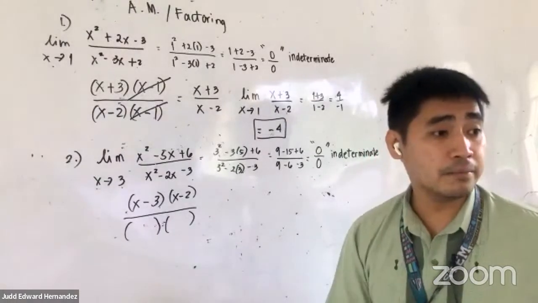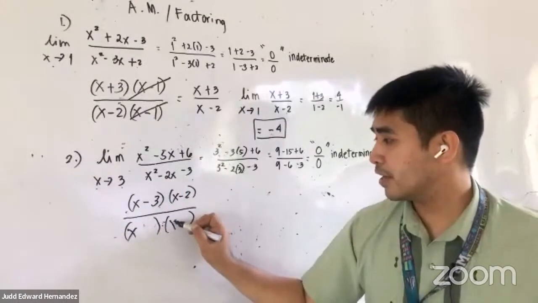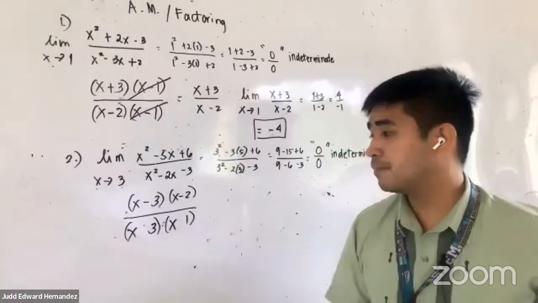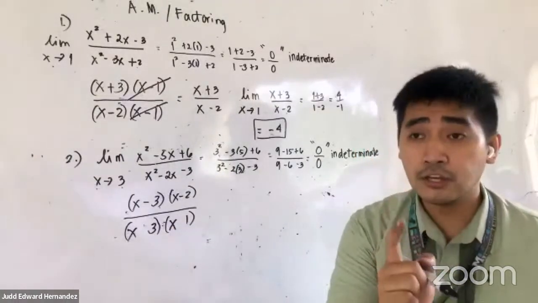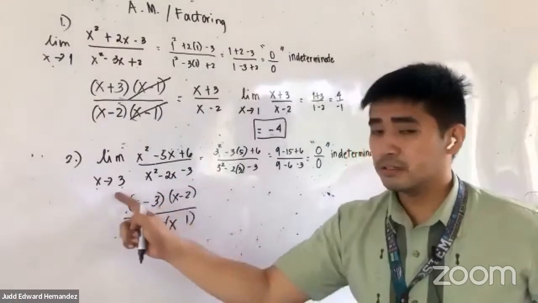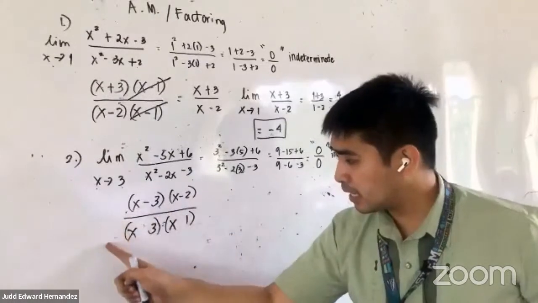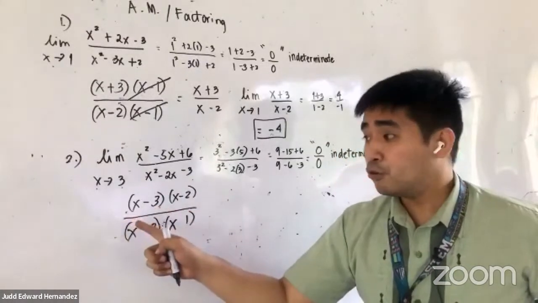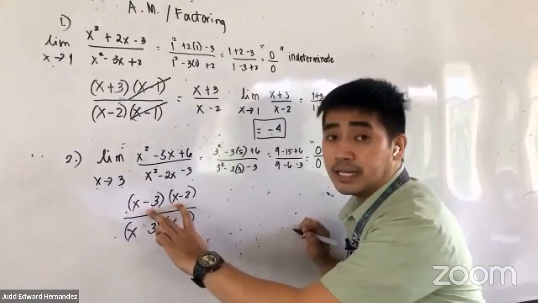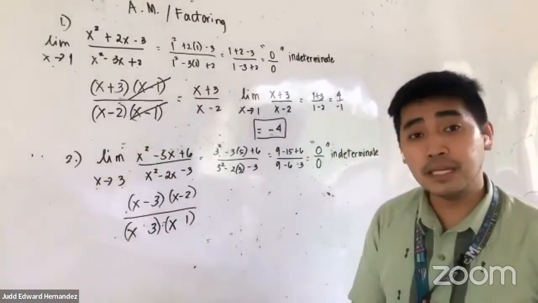How about for the denominator? For the denominator, x squared, write down x, write down x. This is negative 3. The factors would be 3 and 1. Ganito lang yung technique ha. Pag nakuha mo na yung factors ng numerator, tapos may nakita kang factor, meron kang ilalagay sa numerator, tandaan mo, isa dapat sa kanila ay magiging kamuka ng denominator.